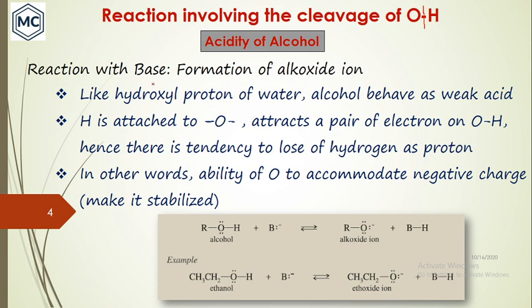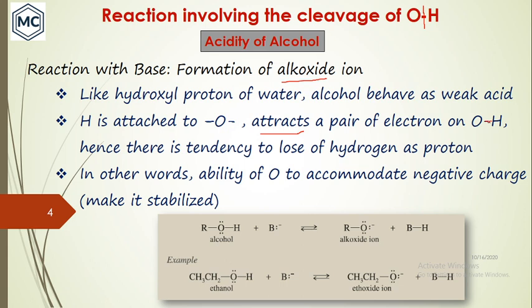Alcohol can react with base and form the alkoxide ion. Like the hydroxyl proton of water, alcohol behaves as a weak acid. Hydrogen is attached to oxygen in alcohol, and this oxygen attracts the pair of electrons in the OH bond.